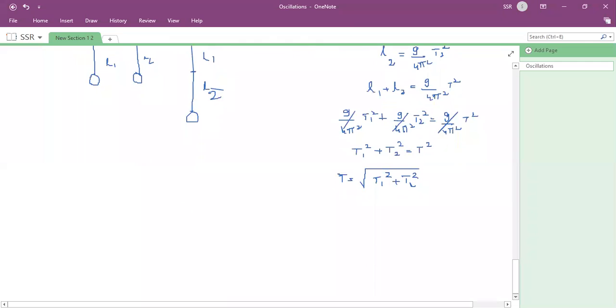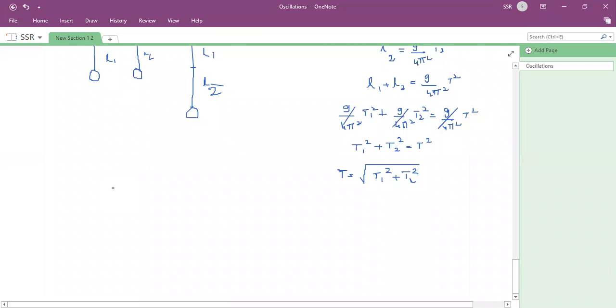Okay. Like this, suppose the two pendulum lengths are subtracted, then you can write T is equal to root of T1 square minus T2 square. Then for the effective length, the time period is T equal to root of T1 square minus T2 square.